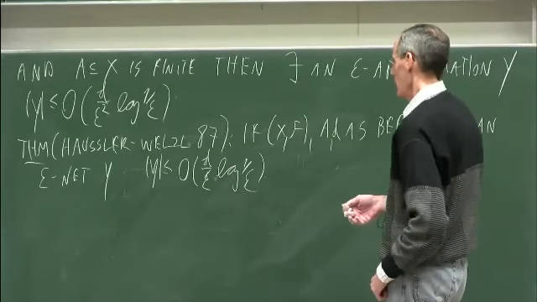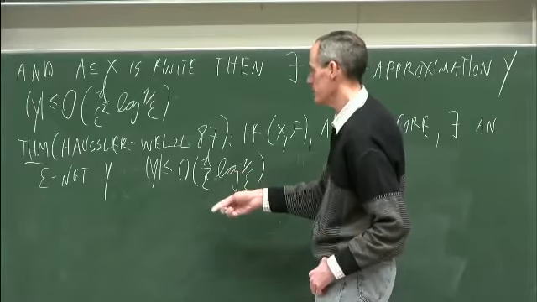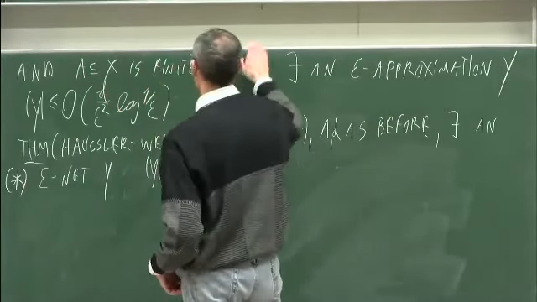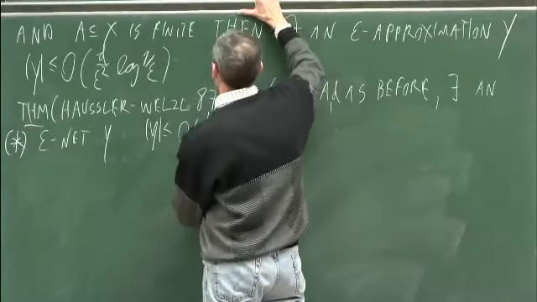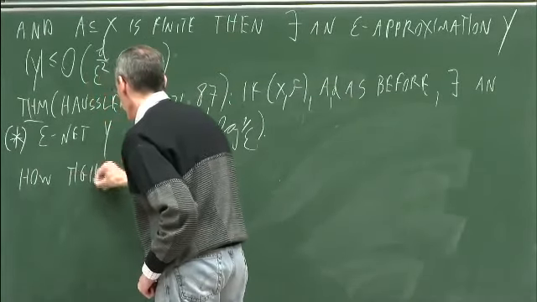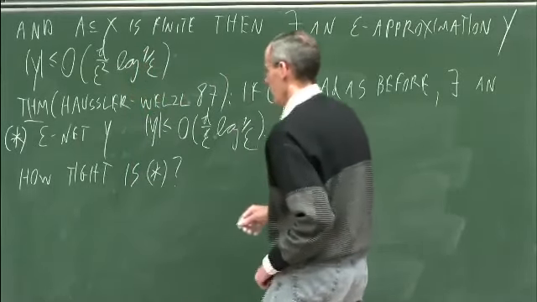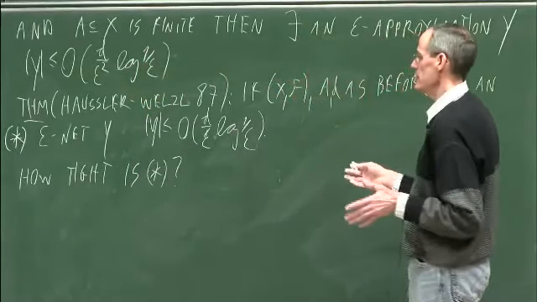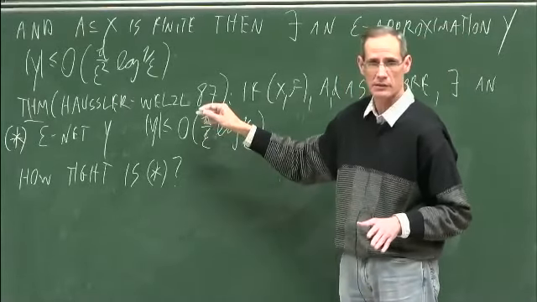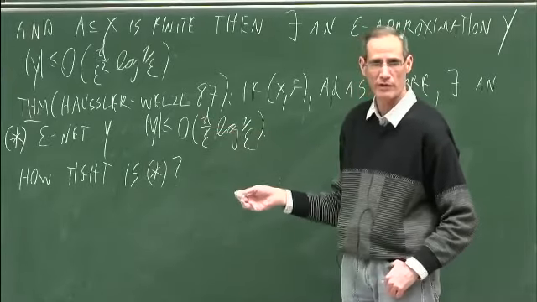So people want to know how tight this estimate is. Let's call this star, and they want to ask how tight is this star. Now, usually I think about d as constant. So this is like constant 1 over epsilon, log of 1 over epsilon.